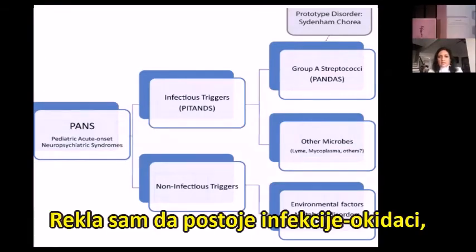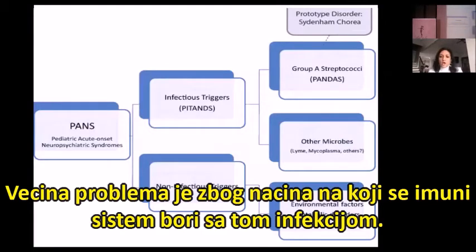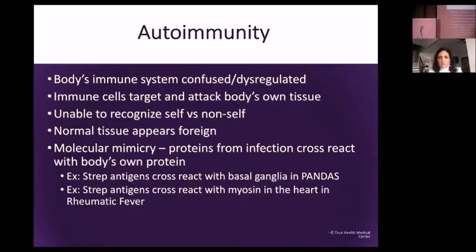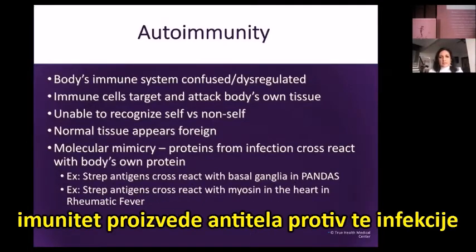So I said there's these infectious triggers. The infection is not causing most of the problem here. What's causing most of the problem is the way the immune system handles that infection. And instead of just killing the infection and getting rid of it, they end up fighting the infection and they produce antibodies to that infection.